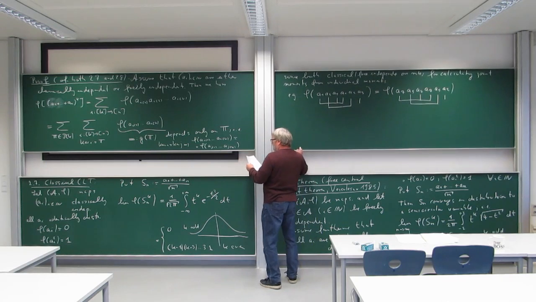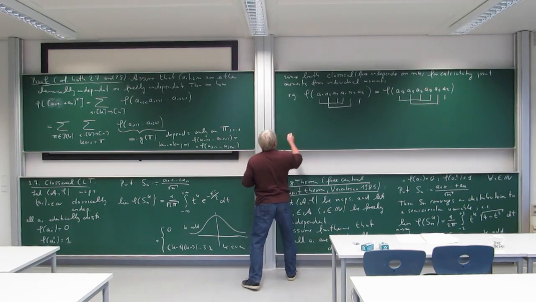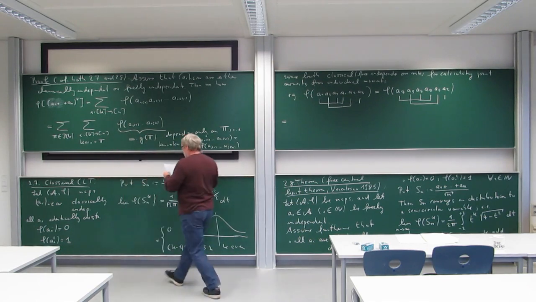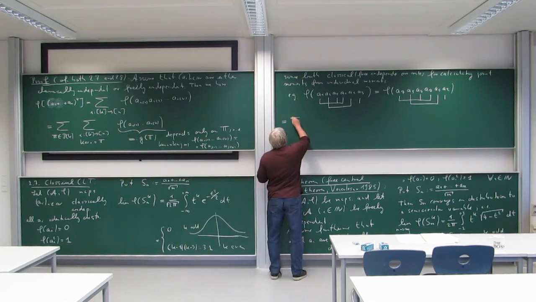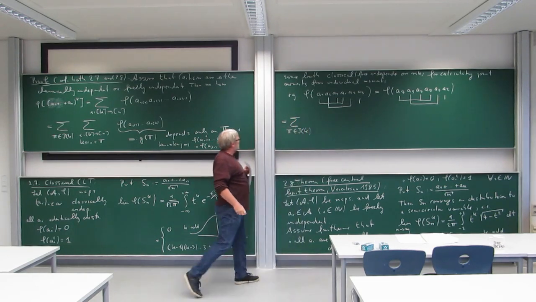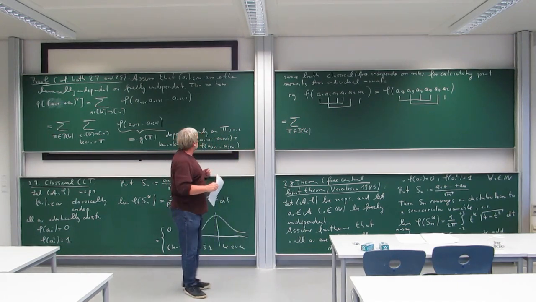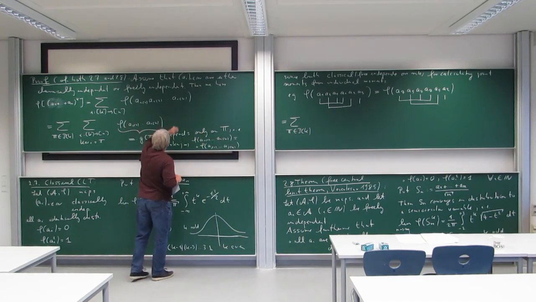So let me see, what do we have? We continue here with this calculation. So I'm writing the sum over pi in the partitions of k. The positions are 1, 2, 3 up to k.